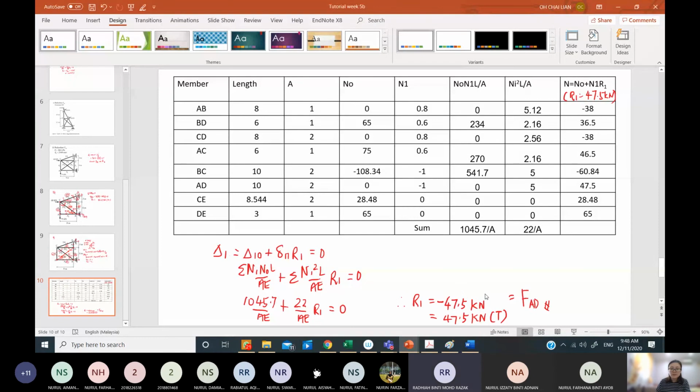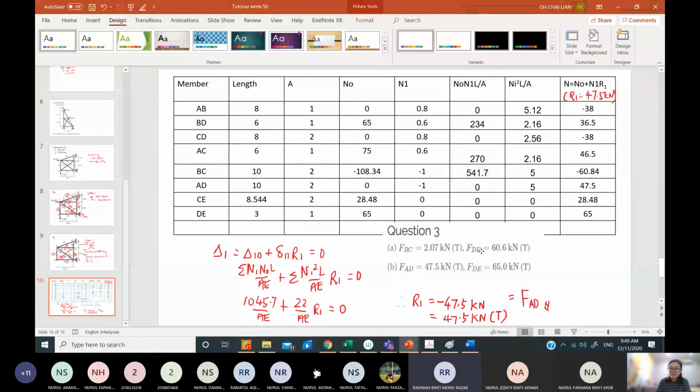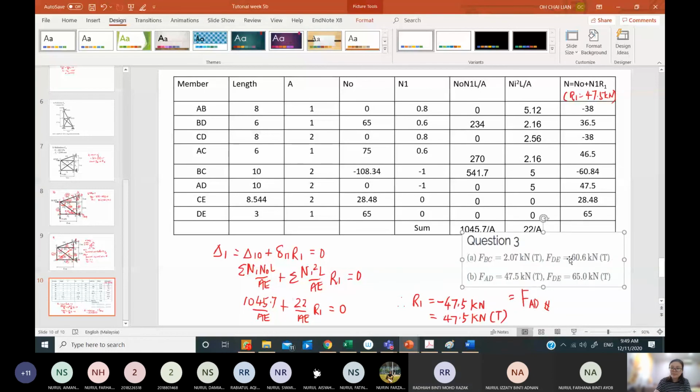Let's check our answer. So FAD is 75 tension. FDE is 65 tension. Okay, supposedly, but it only gives FAD and FDE for us. All right. So enjoy trying.